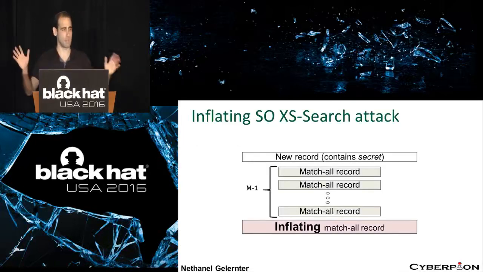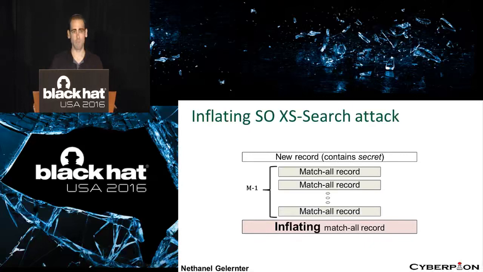So let's examine the storage. At the bottom, we can see the inflating match all record. Above, we have m-1 match all records. And at the top, we have the record with the secret.